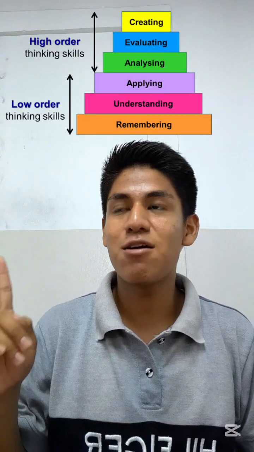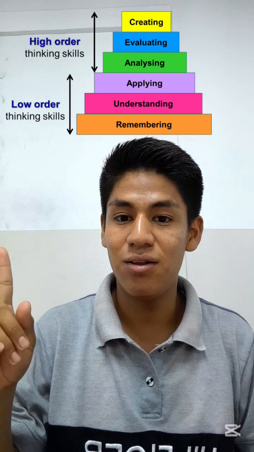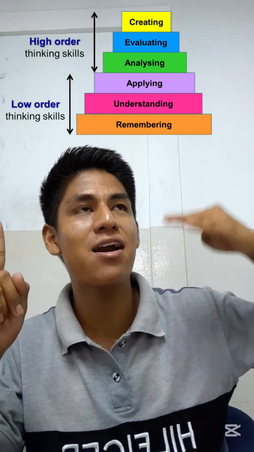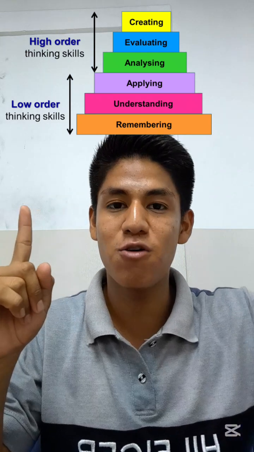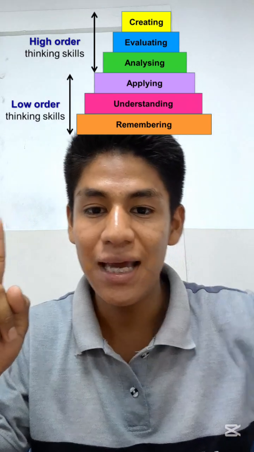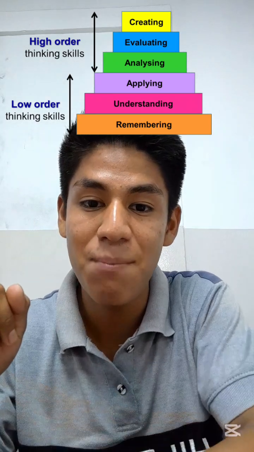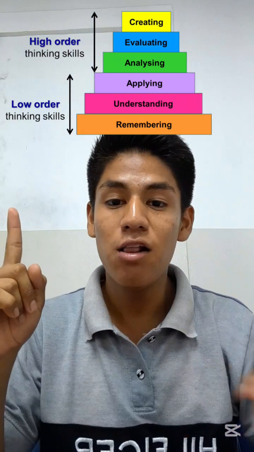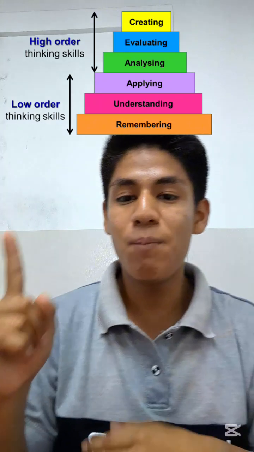Well, lower order thinking skills, as the words say, lower thinking, means that the learners don't have the higher quality to develop something that can be complex. It means that with the process of remembering, understanding, and applying, the students only develop lower order thinking skills. But why?